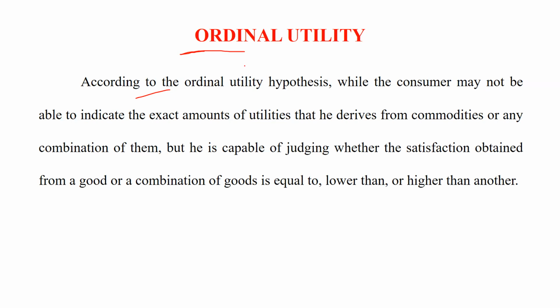But if I consume one fruit, that gives me 3 utils. In ordinal utility, it is not like that. If you have 10 commodities, you can simply rank them. I might put one on the fifth position, but another person may give it the first position. So you can rank your satisfaction.